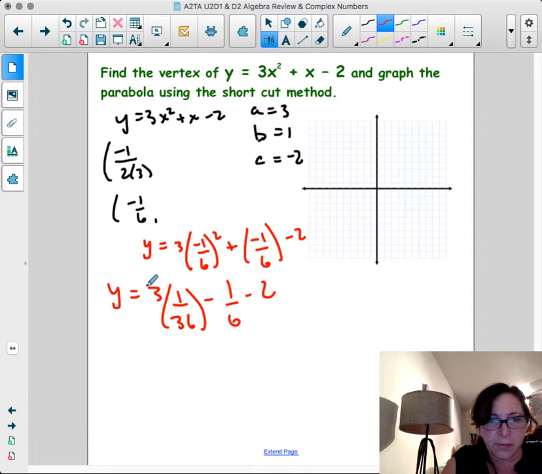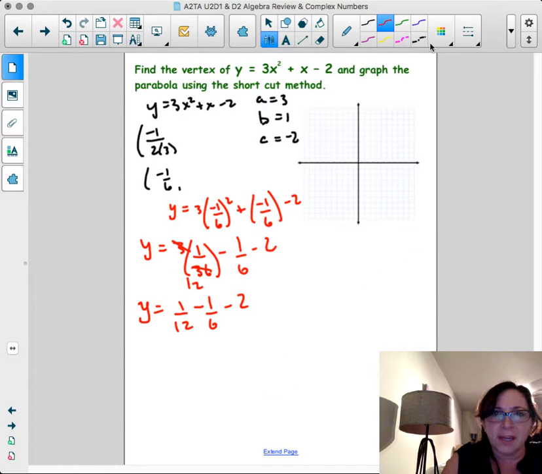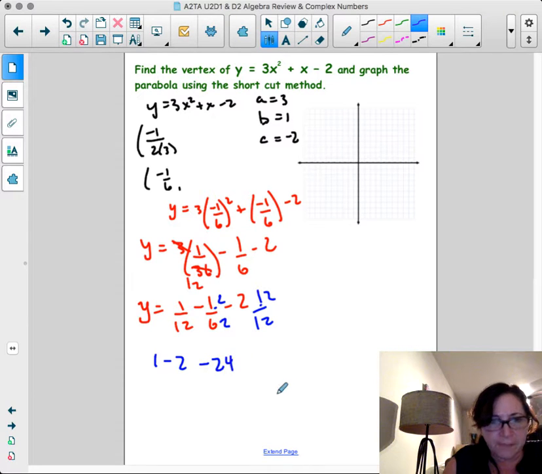And this 3 will divide into 36 12 times. So you get 1/12 minus 1/6 minus 2. For this problem, I need a common denominator before I can add all these fractions up. So I'm going to multiply by 2 over 2, and this one, 12 over 12. So I have 1 minus 2 minus 24.